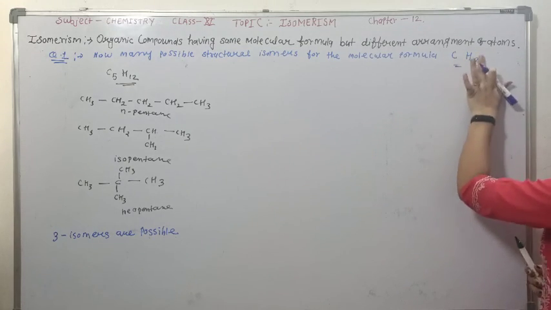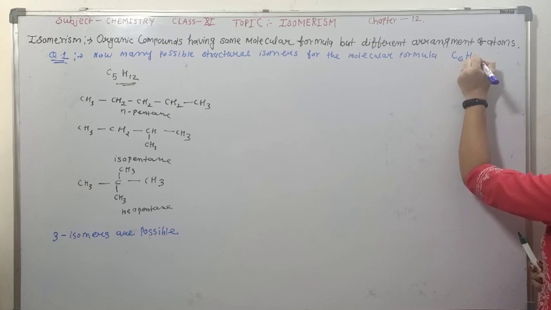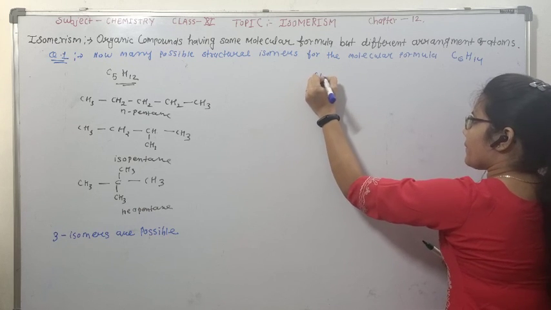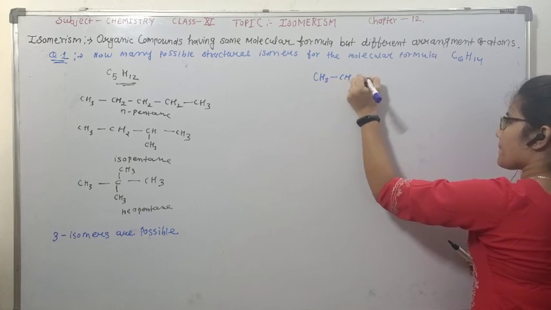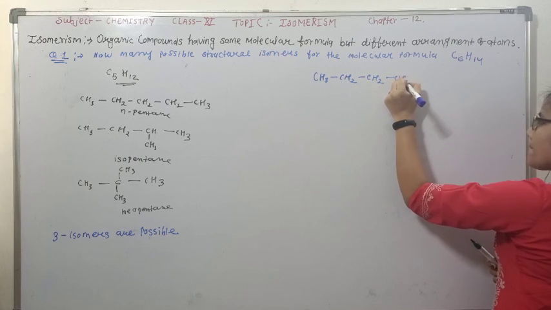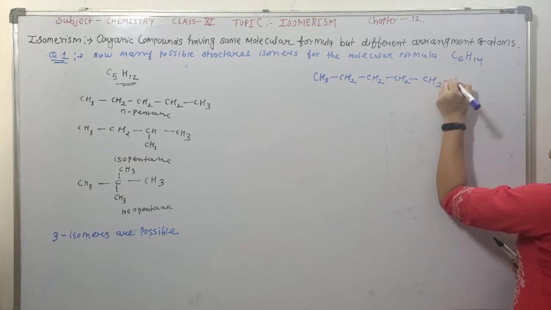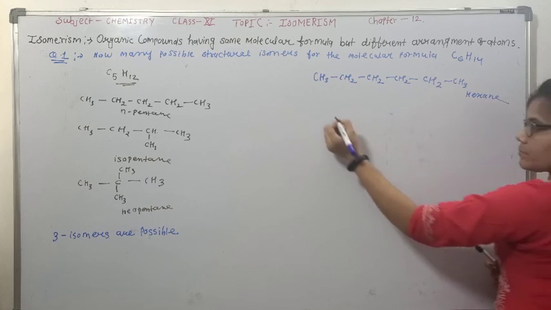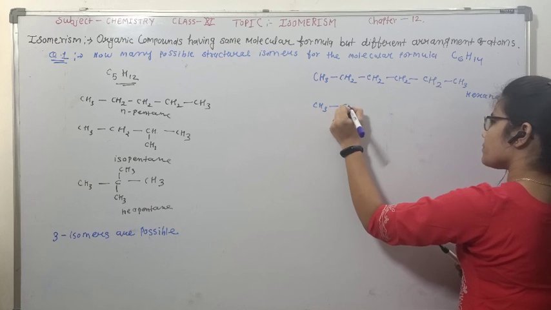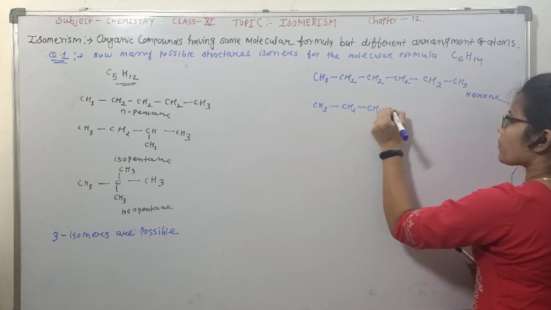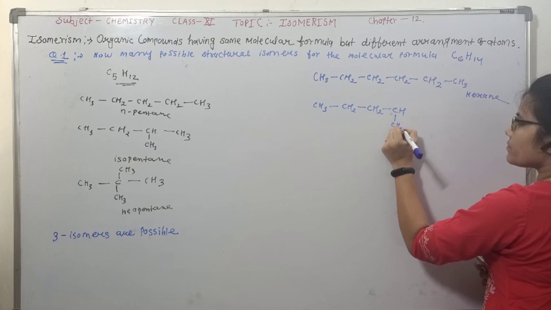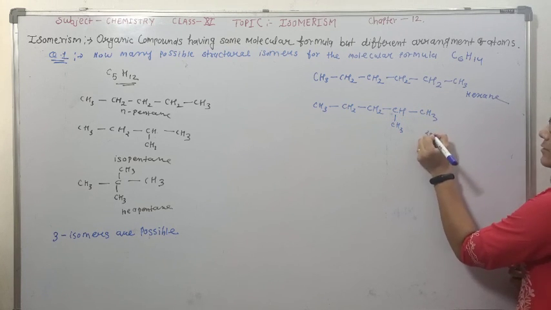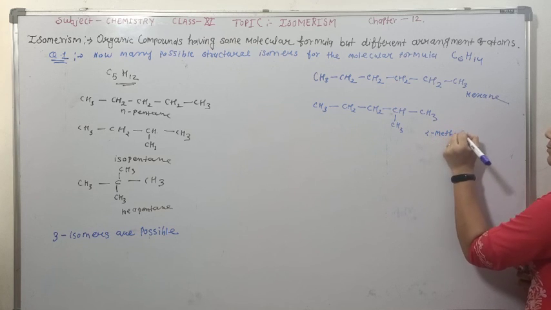If we change the question, we have C6H14. Then how many are possible? Let's do it. Hexane. Okay, this is 2-methyl pentane.